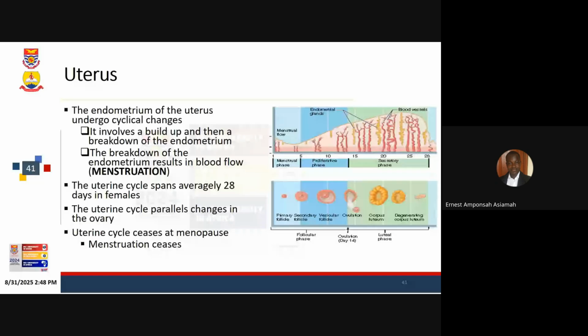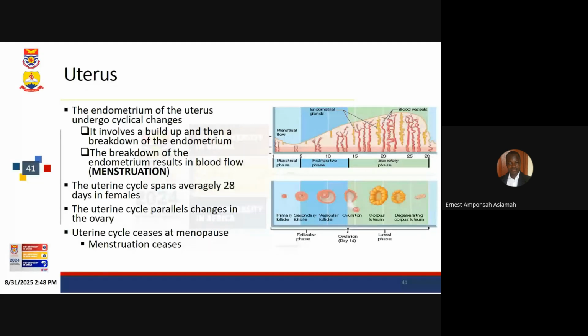Now, this cycle of build up and breakdown is what we call the uterine cycle, and it spans about 4 weeks averagely in females. As the uterine cycle is occurring, it parallels the changes in the ovary.